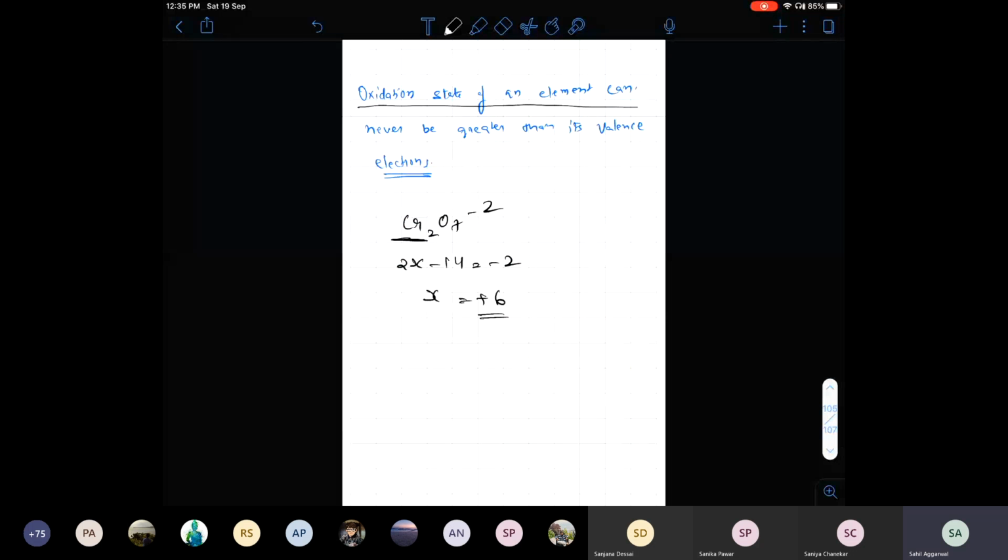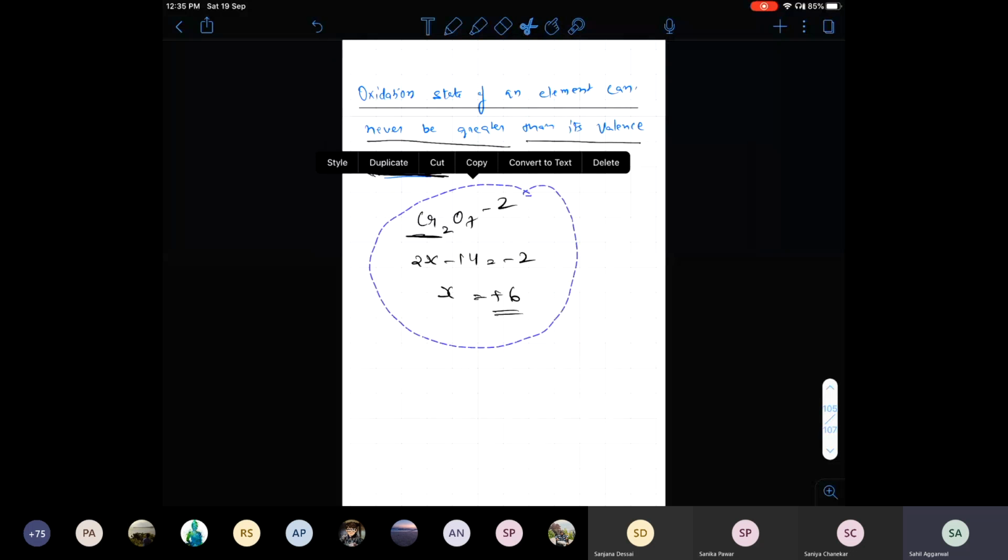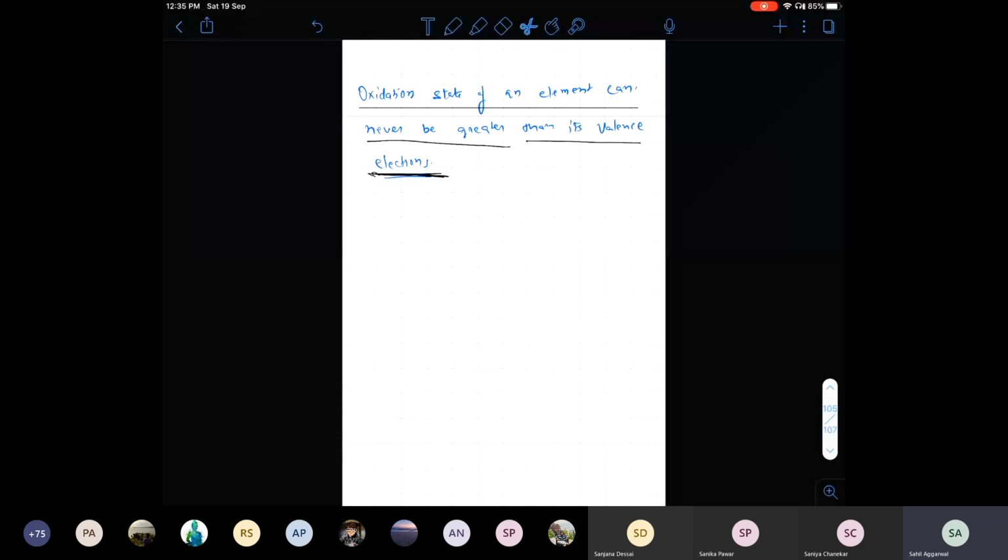Oxidation state of an element can never be greater than its valence electrons, because the maximum electrons lost can be valence electrons. After valence electrons, the noble gas configuration comes. We cannot lose electrons from a noble gas.